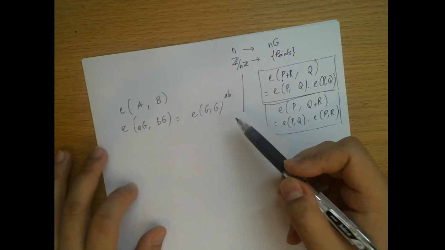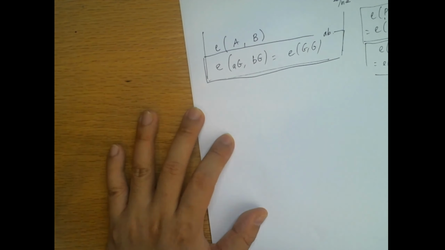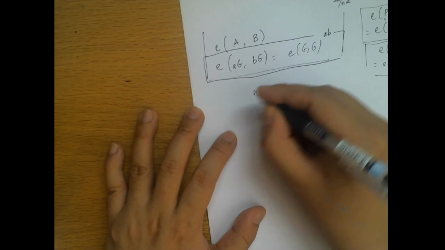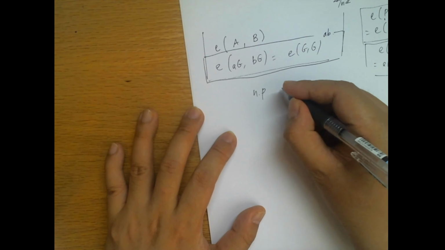But we are going to use this form here rather than this form here. So what does this give us? This is the good stuff. It's now the ability to express a product of secrets as a relationship on points.